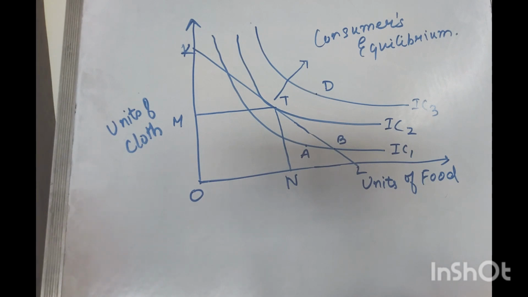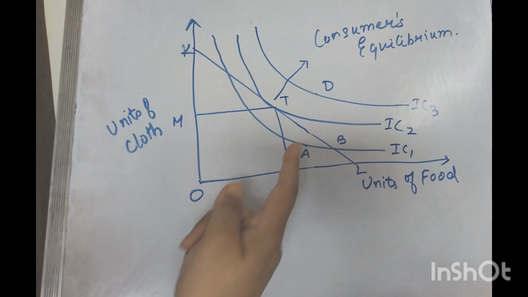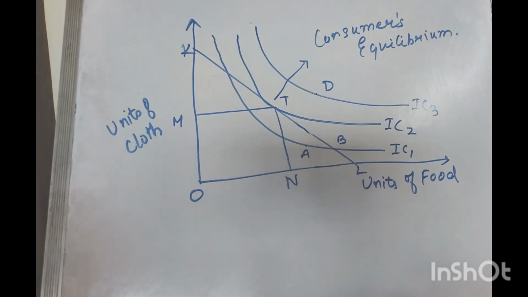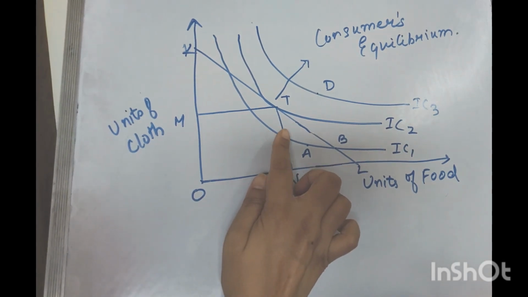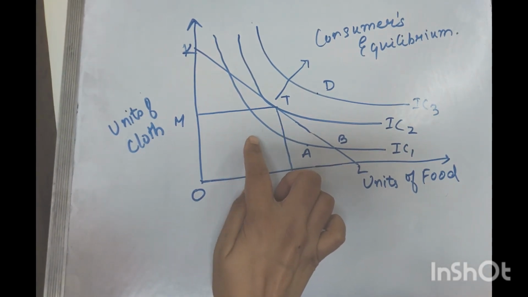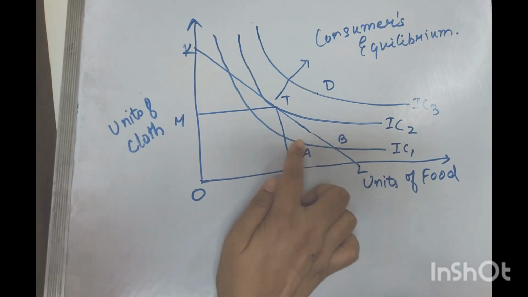On the other hand, the consumer will also not buy any combination which is inside the budget line, because it lies on a lower indifference curve.